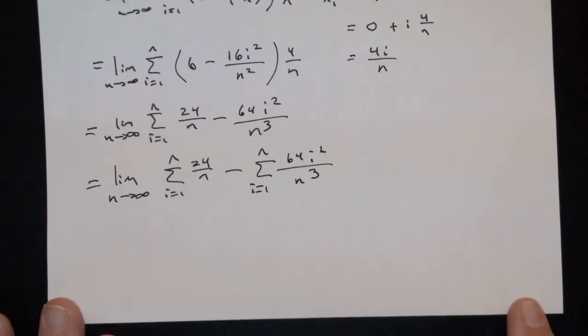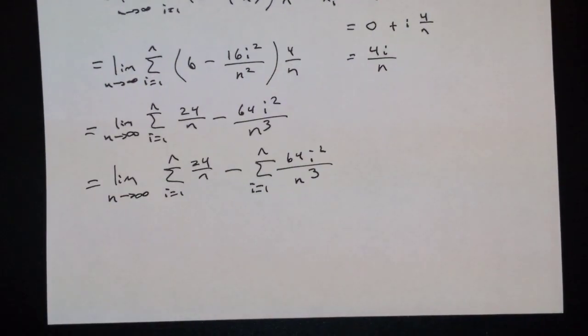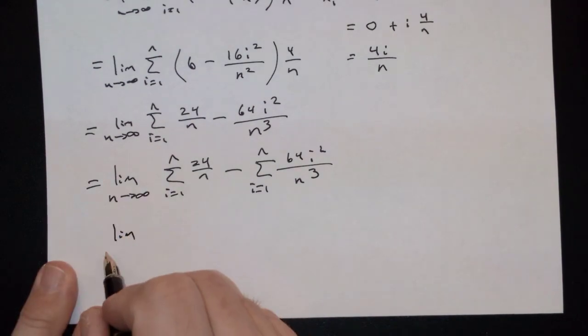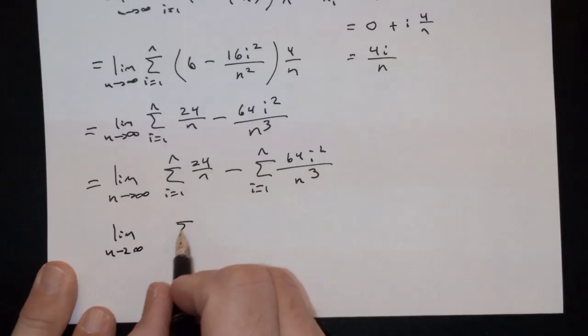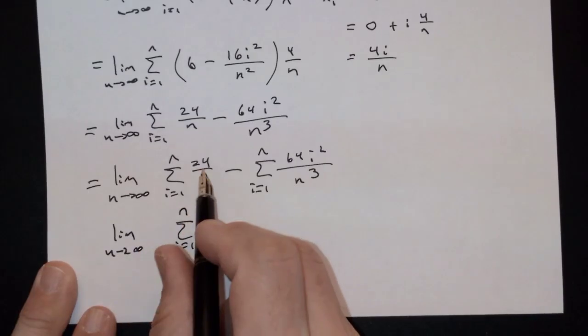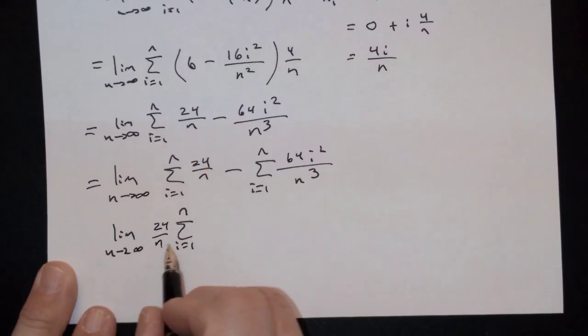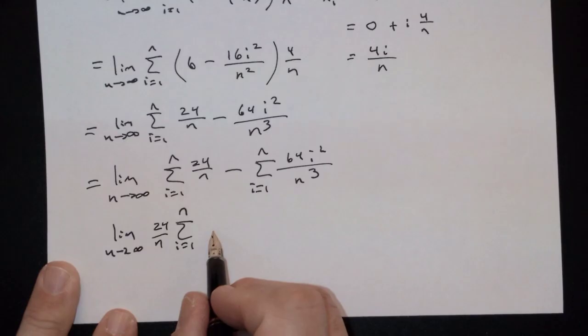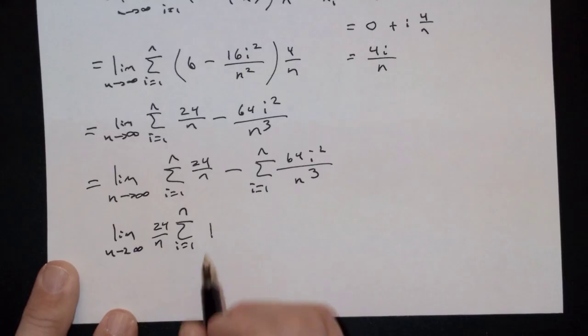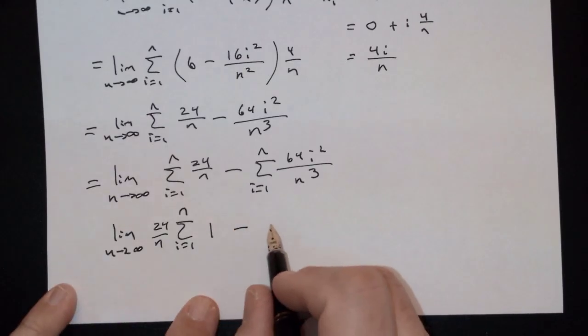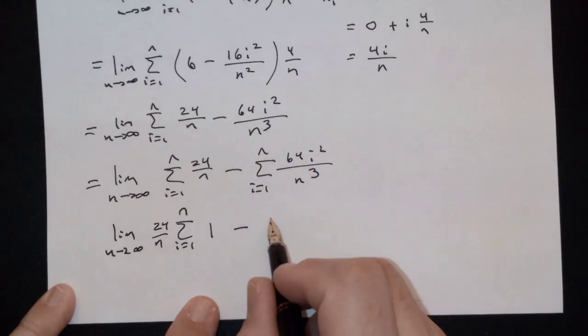Now, anything that's not an i can be taken from inside the sigma to in front of the sigma, for each sigma separately. 24 is not an i, put it out front. n's not an i, put it out front. What did I leave behind? But I took stuff out, so I have to leave something behind. When you factor, you leave a 1. 64 is not an i, n cubed is not an i.